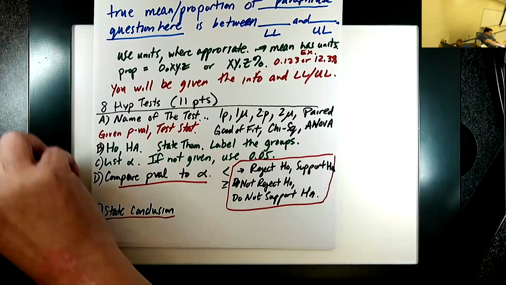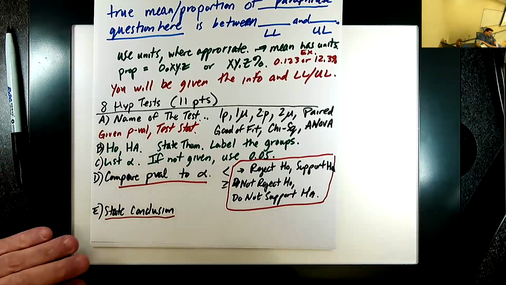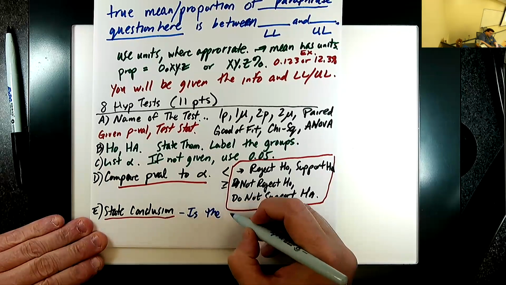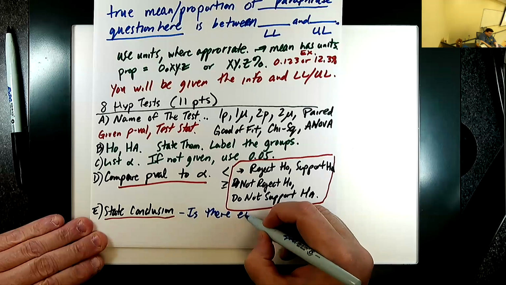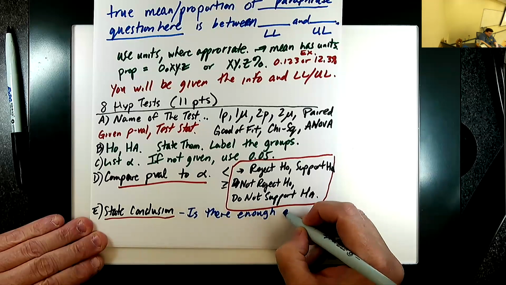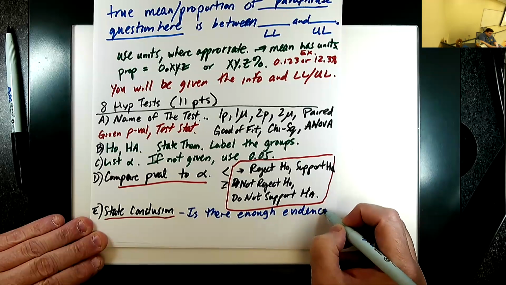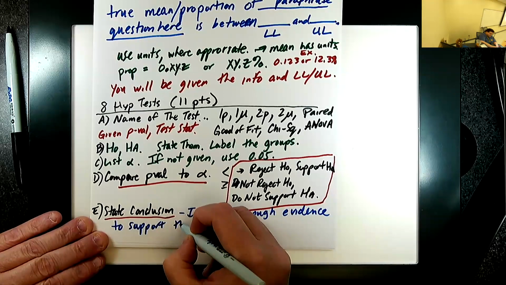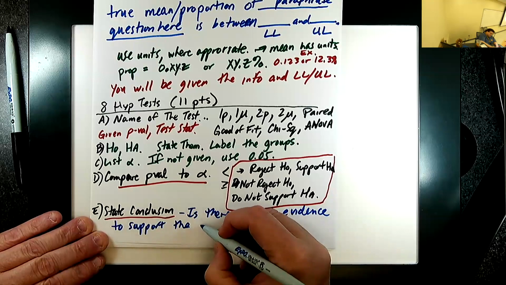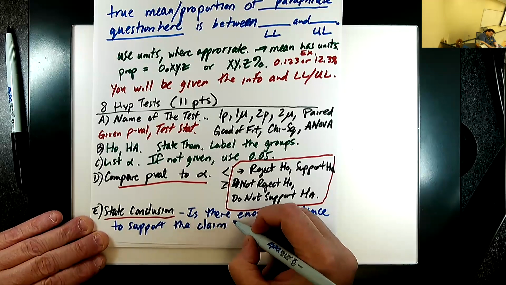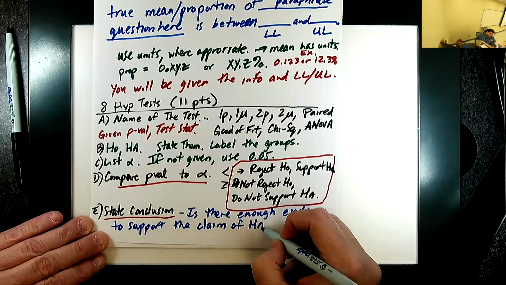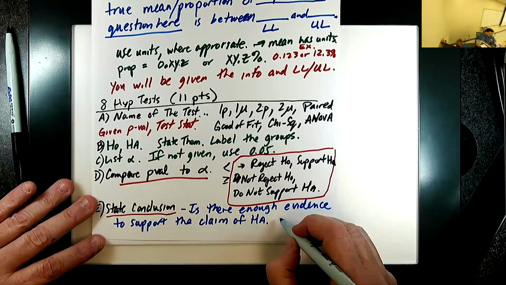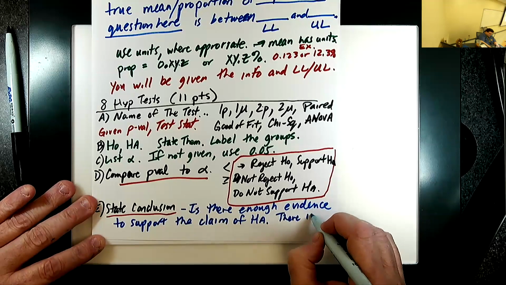When we state the conclusion, your statement of conclusion is always about, is there enough evidence to support the claim of HA? There is no H naught in this part.